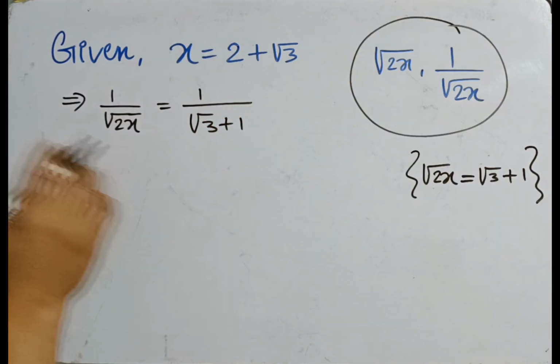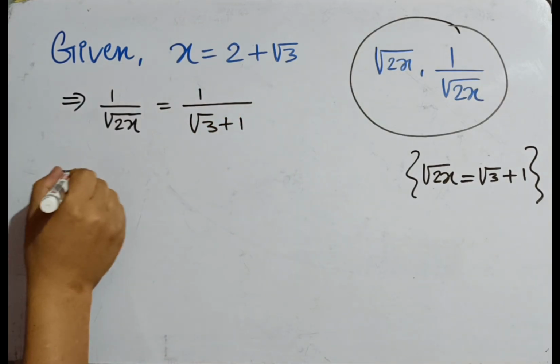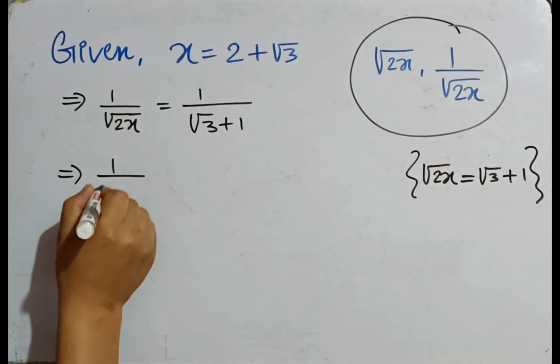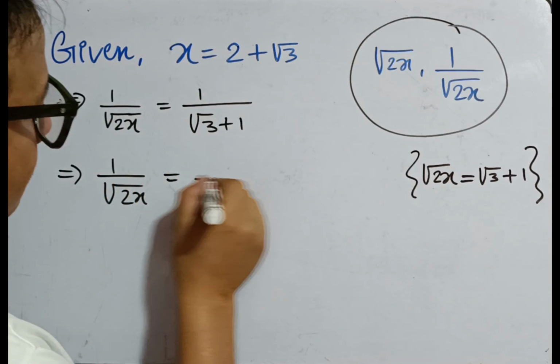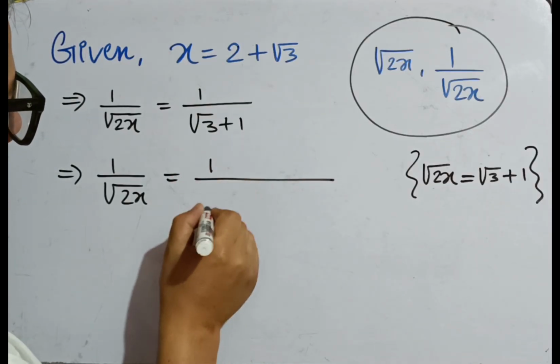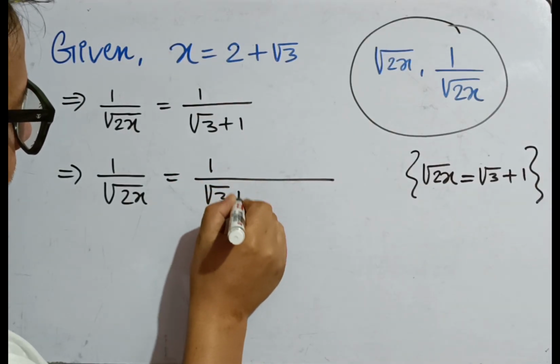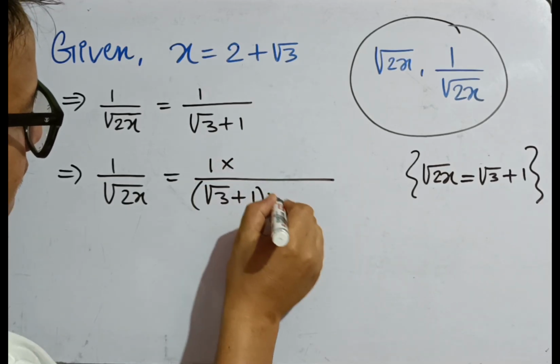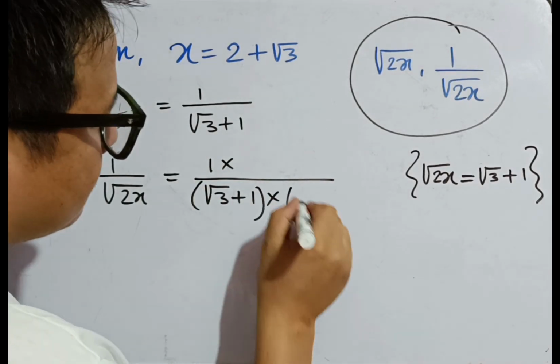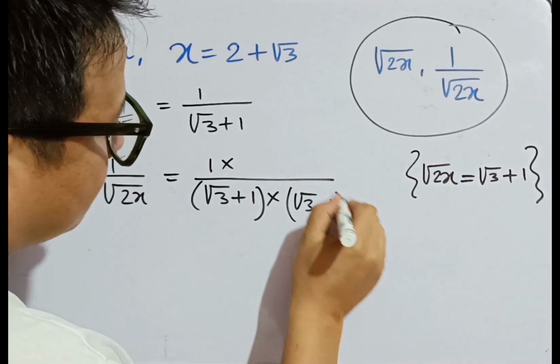Now we can rationalize its denominator by multiplying its numerator and denominator with the conjugate of the denominator in the right hand side. So the right hand side becomes 1 upon root 3 plus 1. We have to multiply both numerator and denominator with root 3 minus 1 in this way.